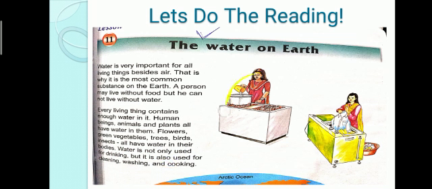It means we use water for cooking, cleaning, bathing. We also use water to irrigate the plants and crops. So in a way, we can say that plants, animals, and human beings, no matter the birds or the insects, every single living thing needs water.